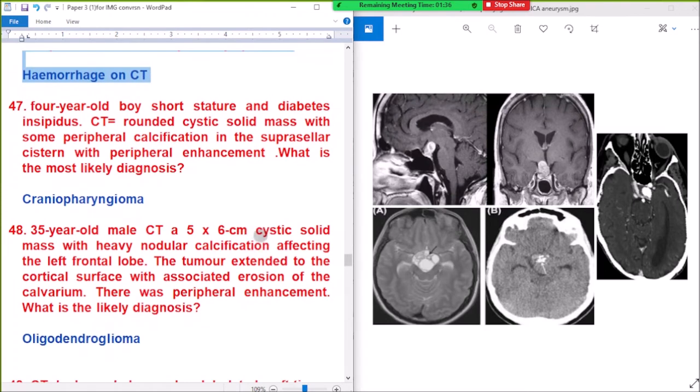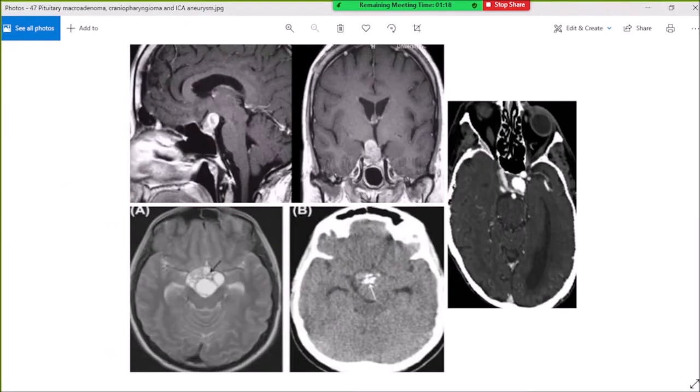Question 47. 4-year-old boy with short stature and diabetes. CT scan shows a round cystic solid mass with some peripheral calcification in the suprasellar region with peripheral enhancement on contrast. Diagnosis: craniopharyngioma. The options were pituitary macroadenoma, craniopharyngioma, and right ICA aneurysm.